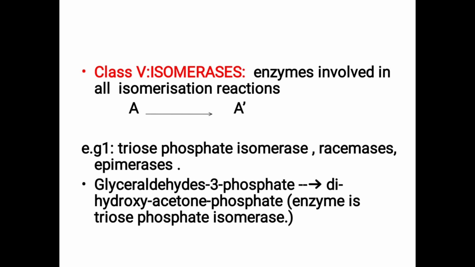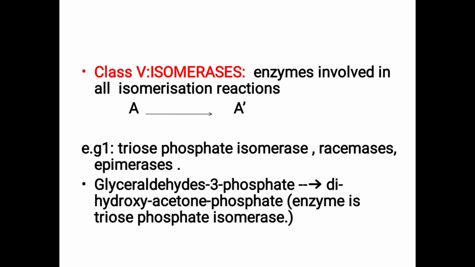These names come under glycolysis. This is one of the middle steps of glycolysis, the breakdown of glucose. Glyceraldehyde 3 phosphate is converted to dihydroxyacetone phosphate, and the enzyme is triose phosphate isomerase. See the enzyme name: glyceraldehyde and dihydroxyacetone are 3 carbon, so it is named triose phosphate isomerase.